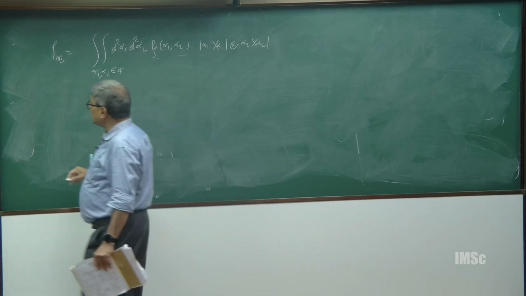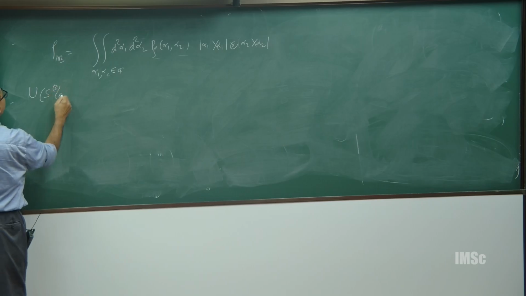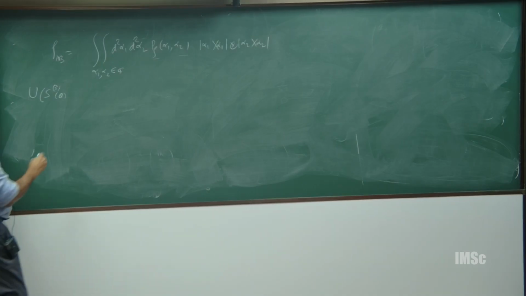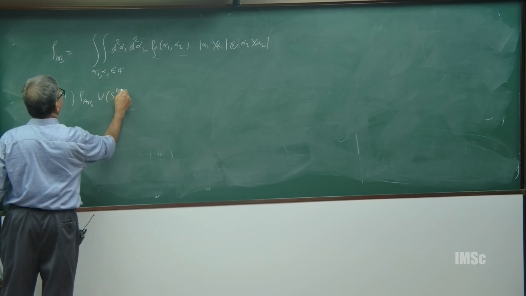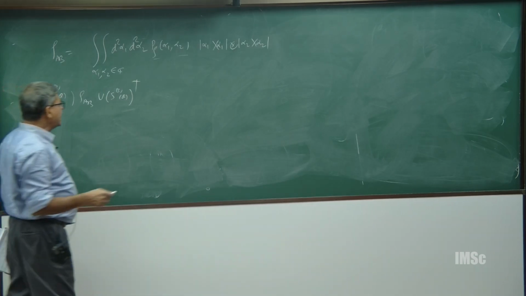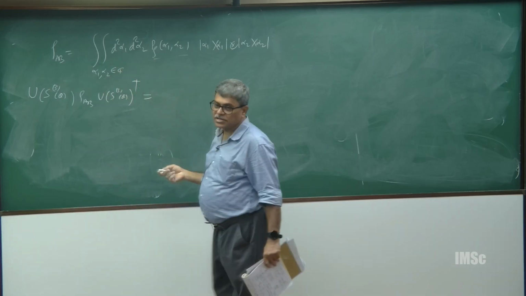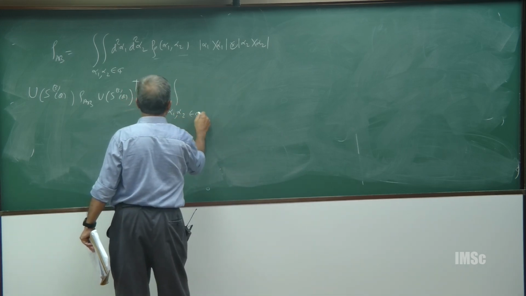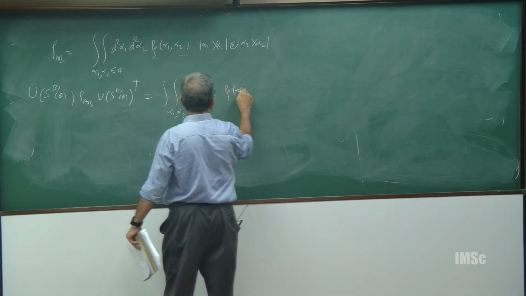And now, if I apply this unitary which is S free theta, the beam splitter transformation, on rho a b, U S free theta dagger, right, this is how it will change. So, you will see what will be the corresponding representation. So, this will be the integral over alpha 1 alpha 2 belonging to C, d square alpha 1 d square alpha 2 P rho alpha 1 alpha 2.